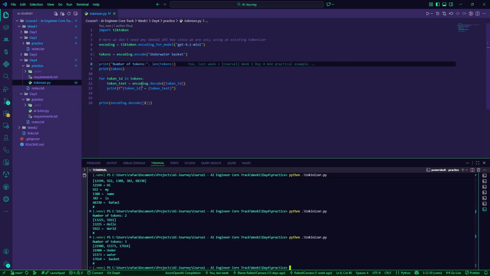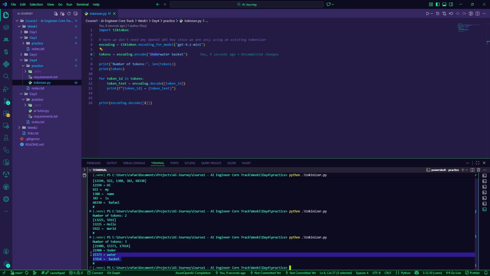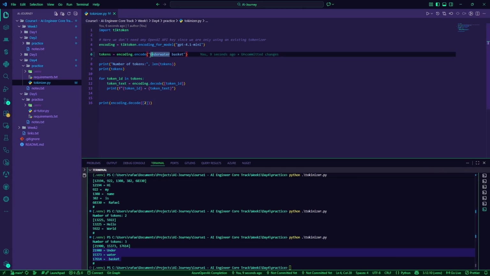So you see, in this case, it doesn't give you 2 tokens, but rather it gives you under as a token. It gives you water as another token, and then basket. See? So it's the number of words that you have here as an input. Normally they don't have to correlate to the number of tokens, okay?